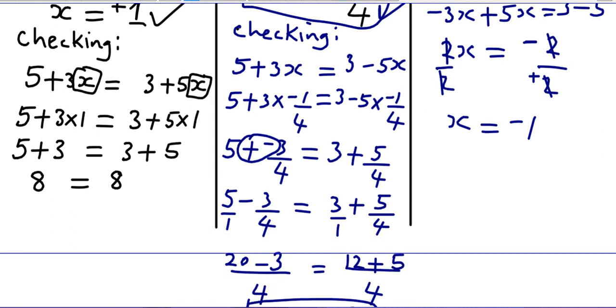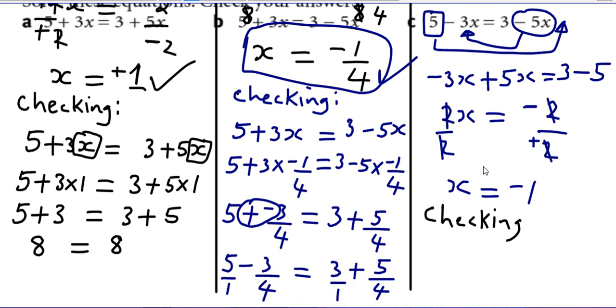Now let us try to check our answer. So checking. On the left hand side we have 5 minus 3x equals 3 minus 5x.